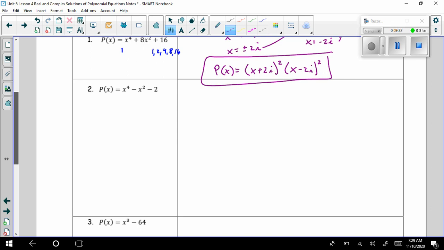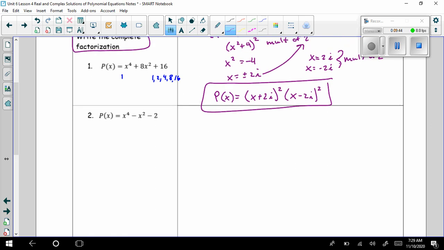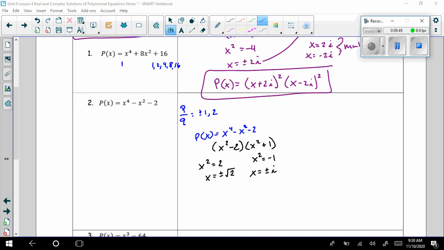Okay, so if it's factorable, then go ahead and try to factor it first before we resort to other methods. So go ahead and try this one. This one is also factorable. So you can see these are the zeros and none of them are repeated, so all of them have a multiplicity of 1.